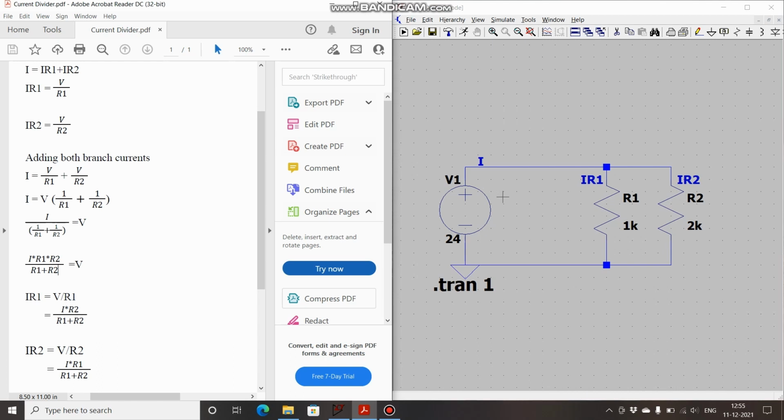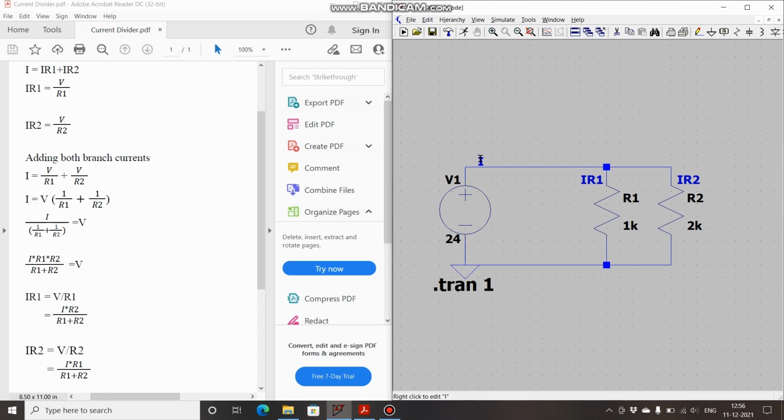So first thing that we have to find out is the current supplied by this source. And in order to do that, we will take the parallel equivalent. So 1K and 2K in parallel, if you do R1 into R2 upon R1 plus R2, what you get is 666.67 ohms.